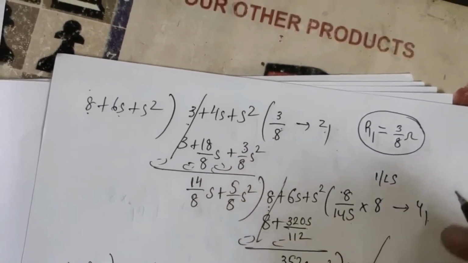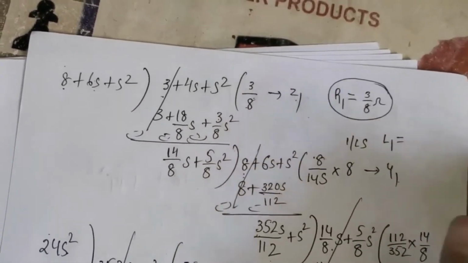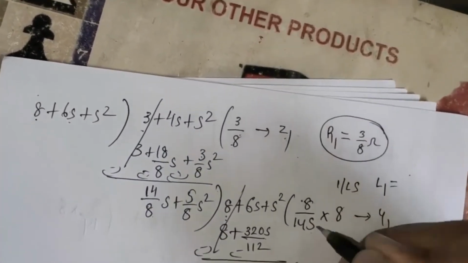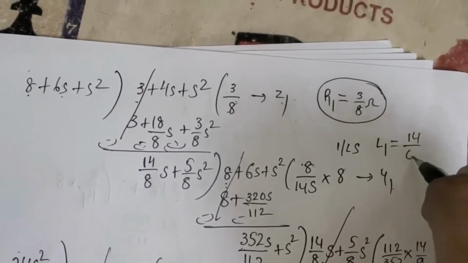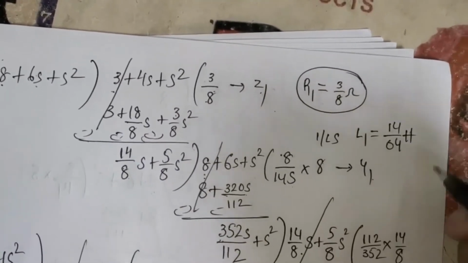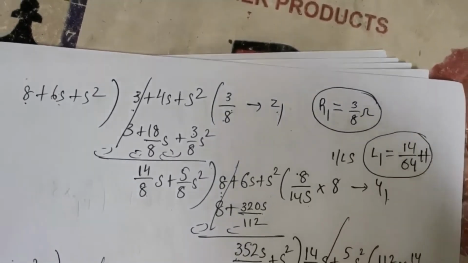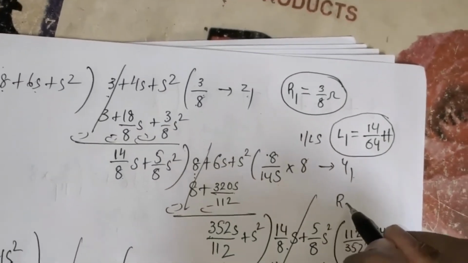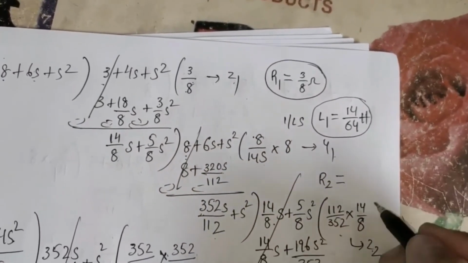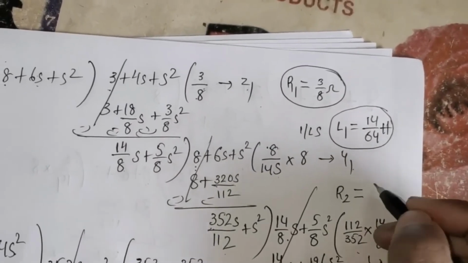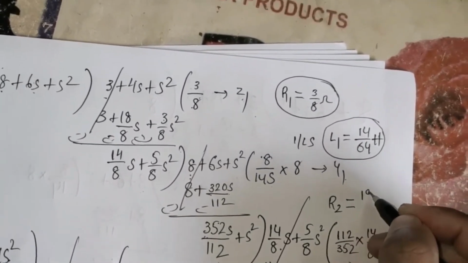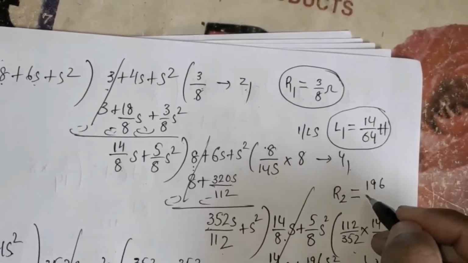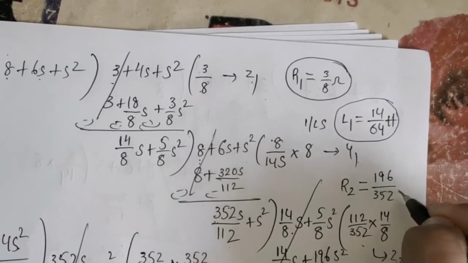So L1 value is 64 by 14, so it is 14 by 64 henries. Again, this is also a constant in impedance, so R2 value is, if you simplify, 196 by 352 ohms.